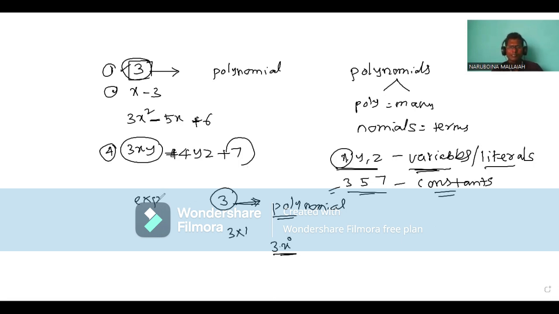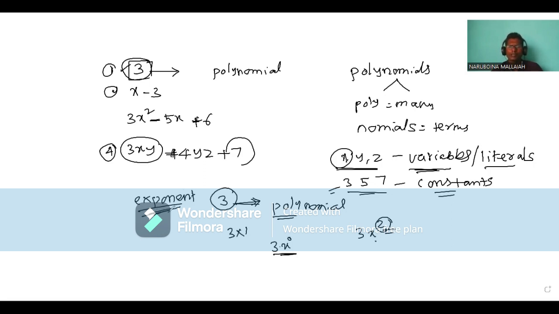Exponents, in simple language, are powers. See here in 3x square, this 2 is the exponent of x. Exponent of x is 2, or power of x is 2.